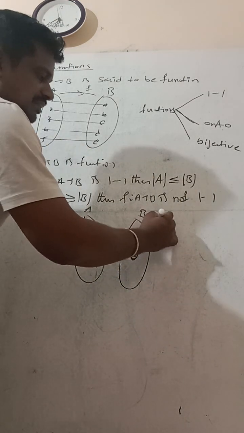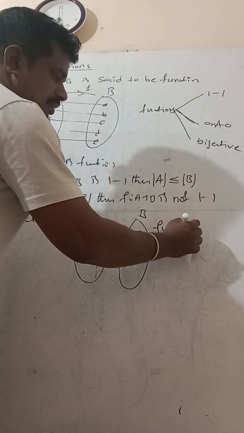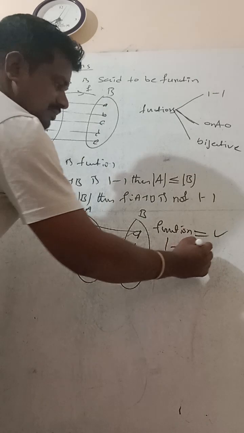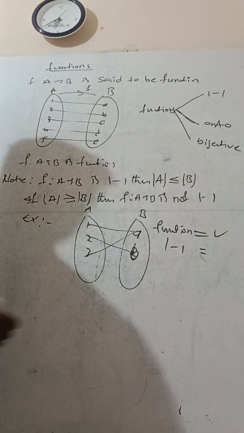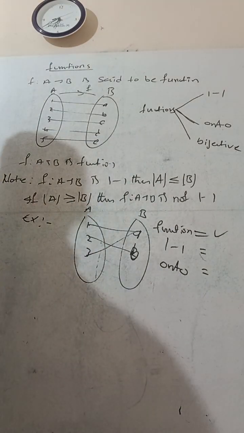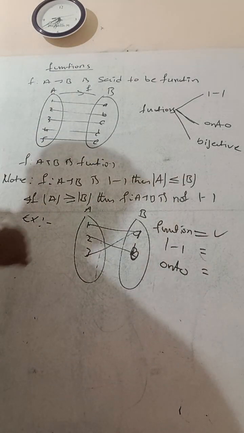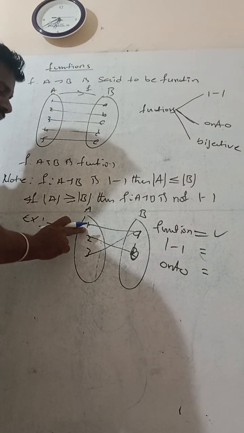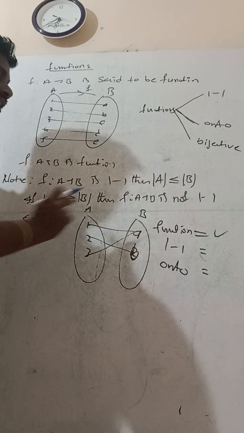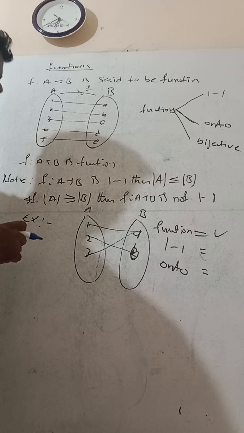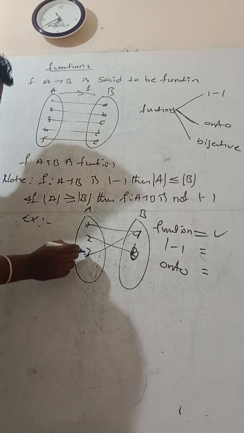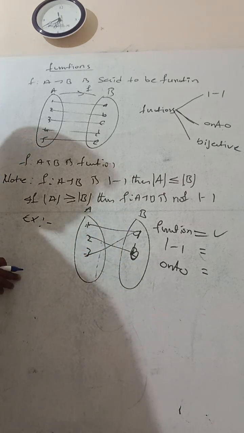But is it one-one, or onto? Tell me, what is the definition of one-one? Every element of the domain is associated with a unique element of the codomain. What do you observe here? 1 and 3 are associated with the same element.